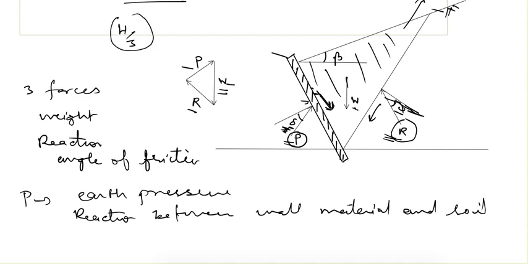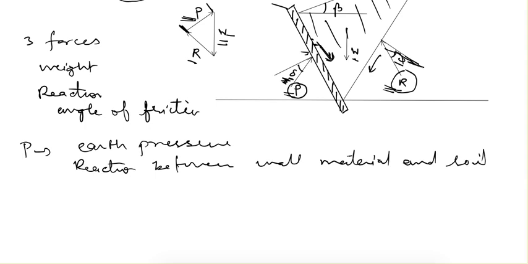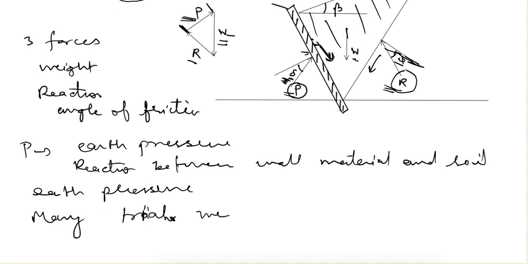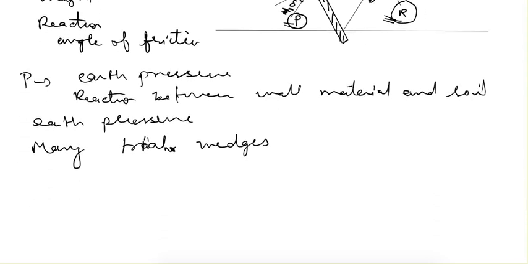So using this force triangle, this part will give us the value of earth's pressure. There will be many trial wedges. The trial wedges are considered in this case, and we put these three forces in equilibrium and try to find out the earth's pressure.